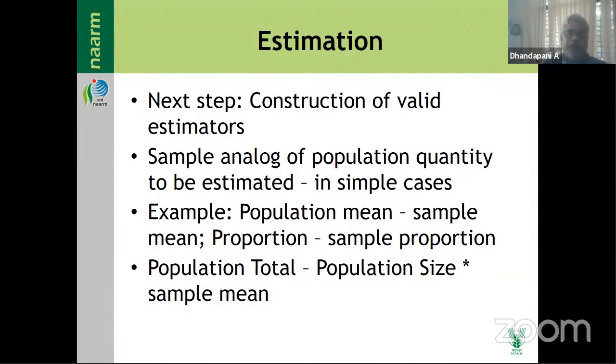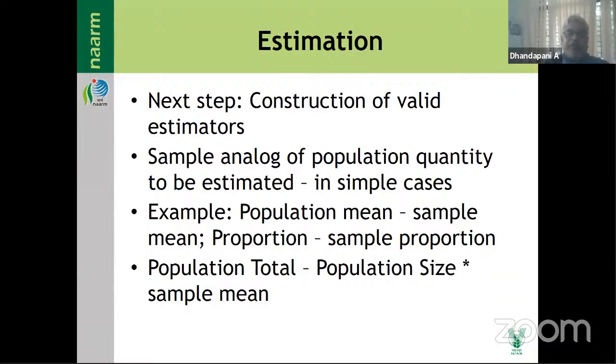For example, suppose you are interested in the average traveling time. So I want to estimate the average traveling time of the employees for the entire population of employees. The estimator in this case, most of the time, is going to be the sample mean, particularly if you are going for SRS or simple random sampling.